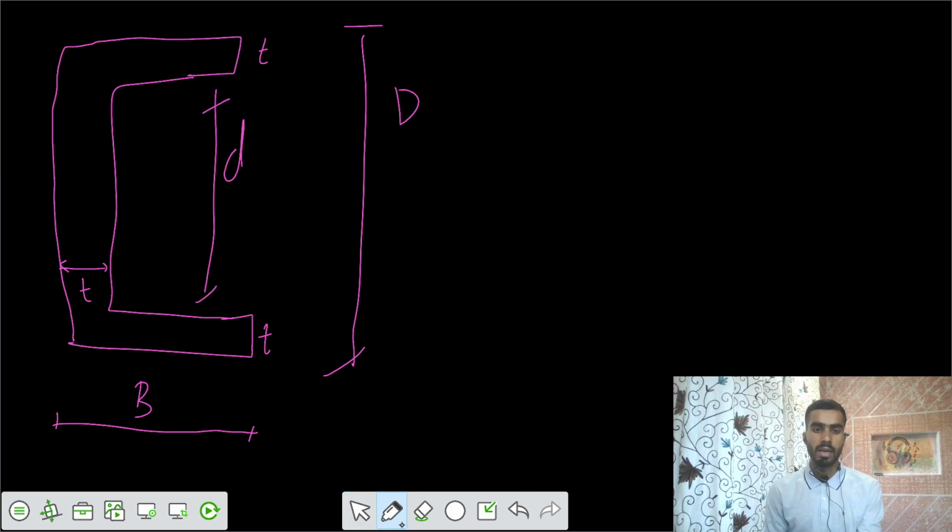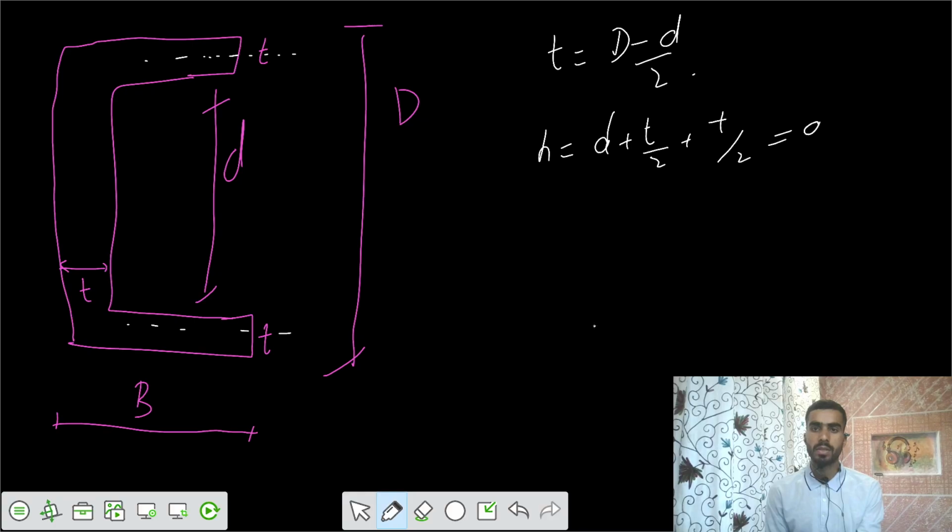Then finally we say that thickness equals D minus d by 2. But we directly say there is some value of h that equals d plus t. Your h value equals d by 2 plus t by 2, that's d plus t.